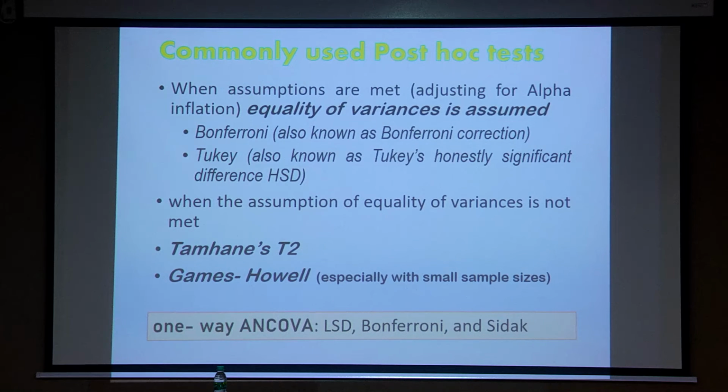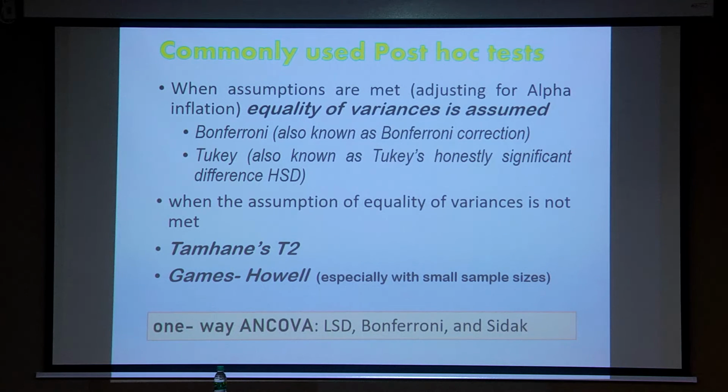There are the Kruskal-Wallis test and other things which we usually do to come to a conclusion. Or if your assumption is not met, you go for Tamhane's T2 and Games-Howell. Games-Howell is the usual choice for small sample sizes. We have three groups, but only around 8, 9 or 10 people in each group.